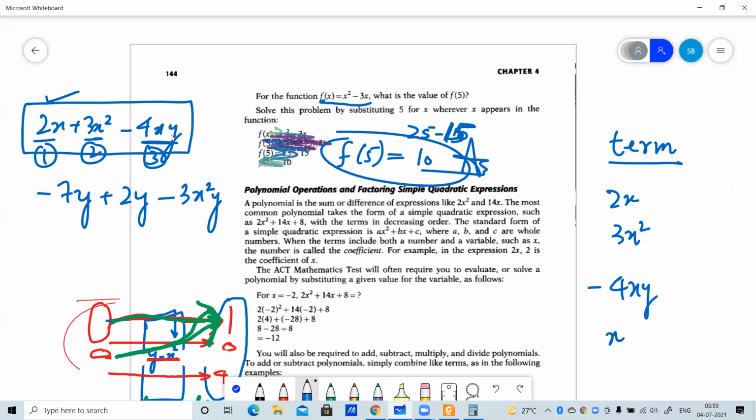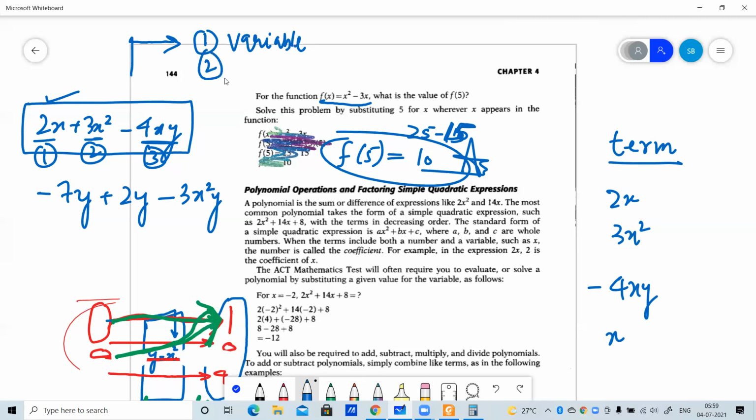So I have told you perhaps, what do you mean by like term and unlike term, maybe? So no. I think like term would mean that they have the same, what's it called? The letter? It's called variable. So it means they have the same variable, right?